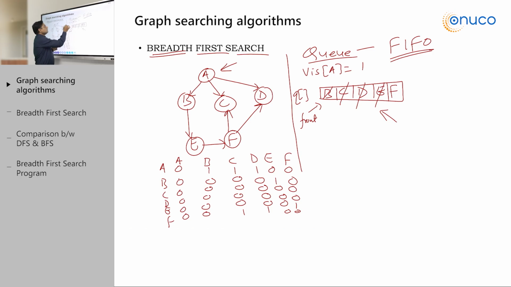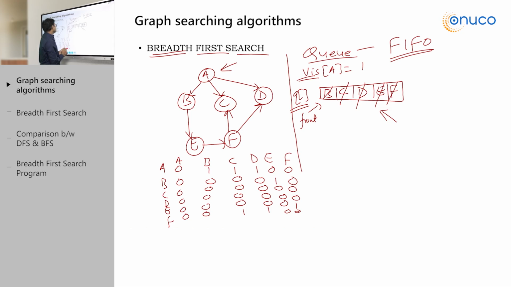So we will have a visited array, and we will have a queue. We insert an element in the queue only when that particular node or vertex was not visited in a previous step. Here C is already visited, so we are not going to reinsert it. What about the next? F to D, but D is already visited, so we are not going to insert it.